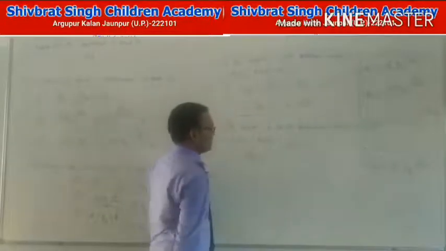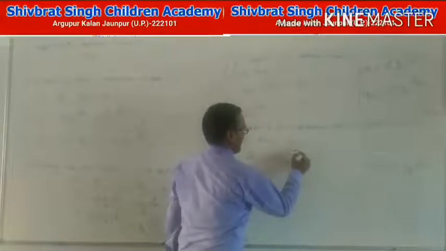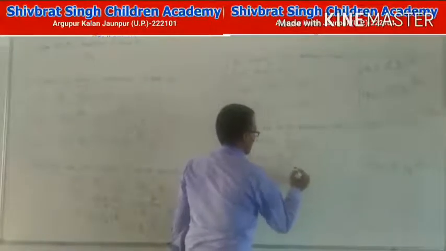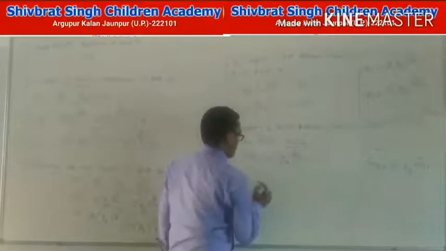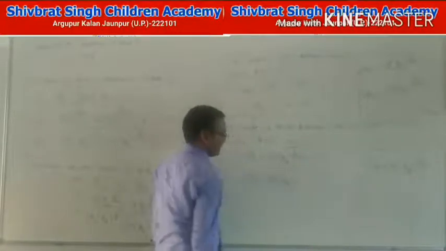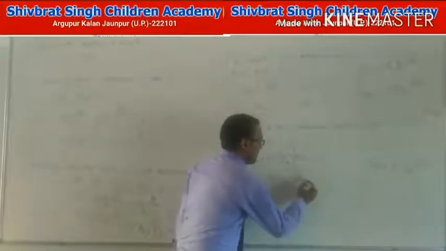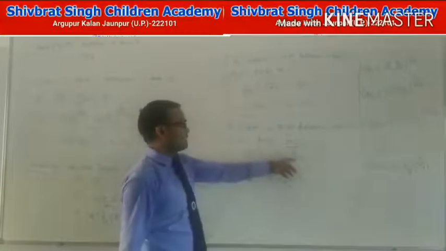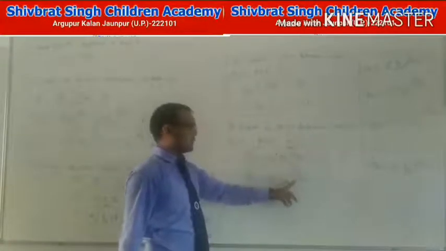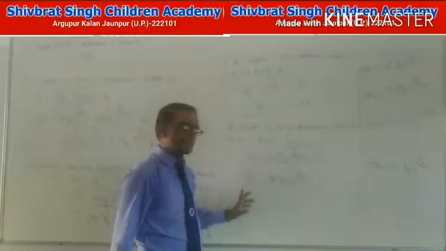G1 equals a (b/a) to the power 1/(n+1), and G2 equals a (b/a) to the power 2/(n+1). Here put n equal to 2 and here also put n equal to 2. We find the value of G1 and the value of G2.